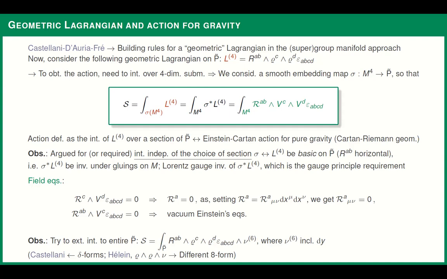The only explicit way that I know to do this and to recover the Einstein equations involves the use of so-called delta forms, and it is done explicitly for Lorentz in a recent review on the group manifold approach, delta forms and integral forms by Castellani. Other constructions also exist in the mathematical literature, but they involve a different object, an H form, which has a different geometric structure.